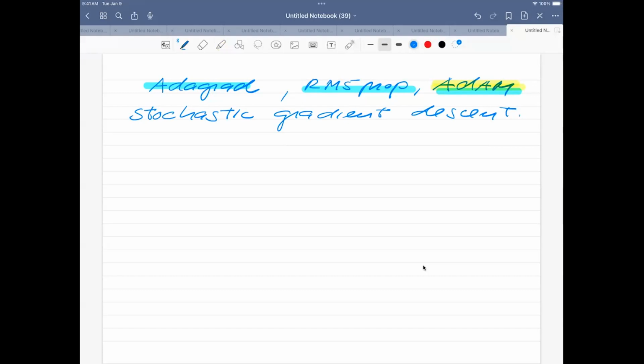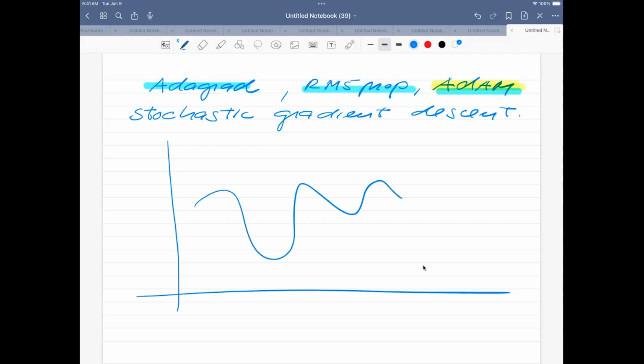Suppose now that you have a function and you want to find the optimum for that specific function. Suppose you have this one-dimensional function, and this is your f of x.